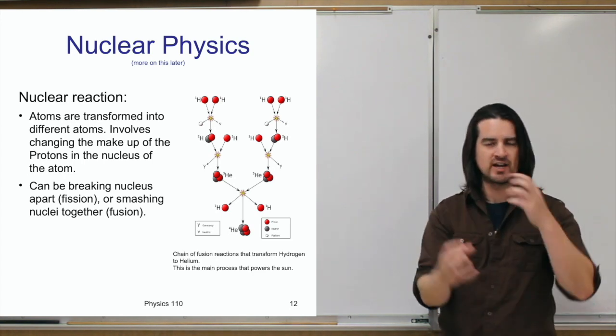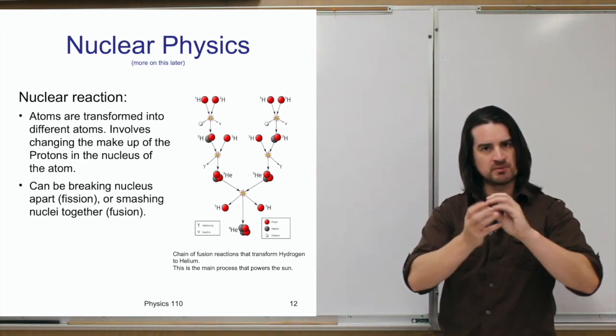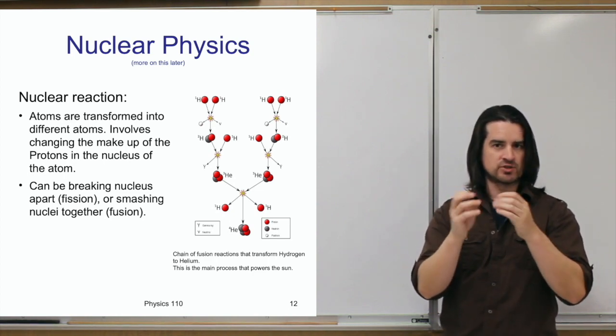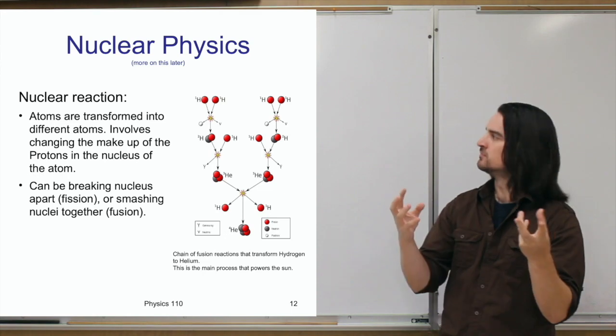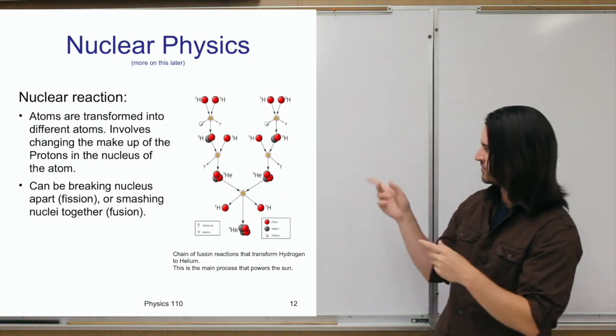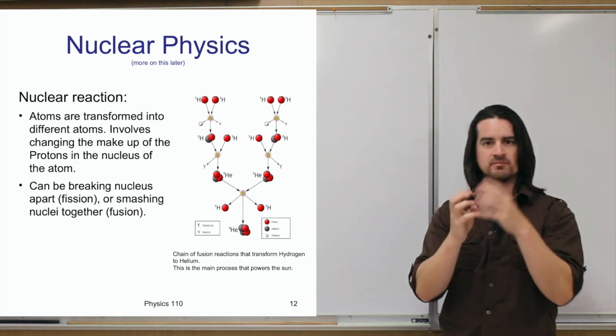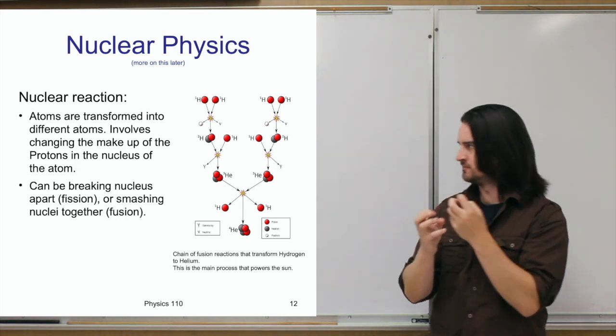So it's not just moving atoms around, it's rearranging the pieces inside of the atom. So rearranging, adding protons, or smashing two protons together to form a proton, and enough energy comes up to make the other one into a neutron.